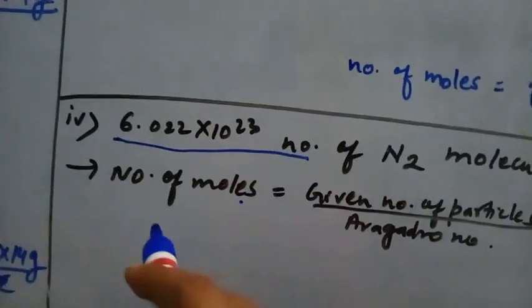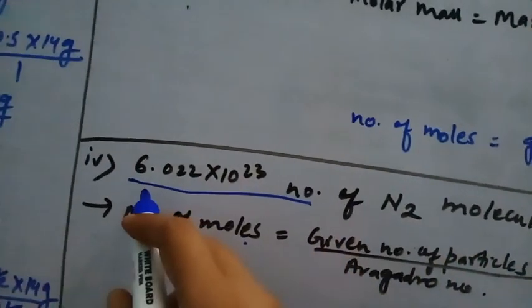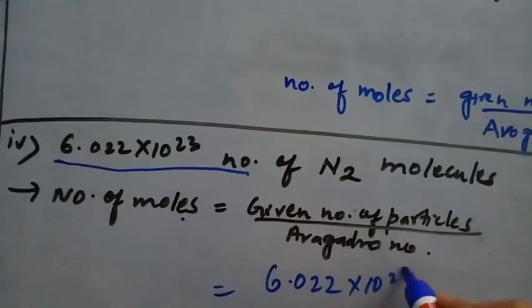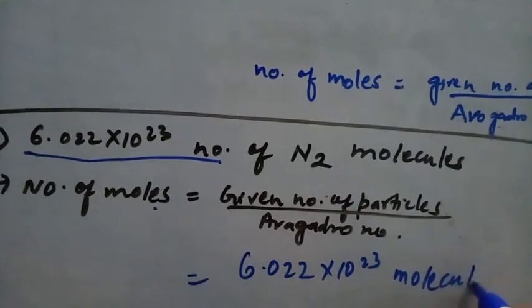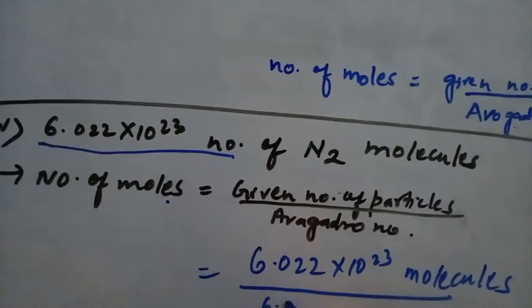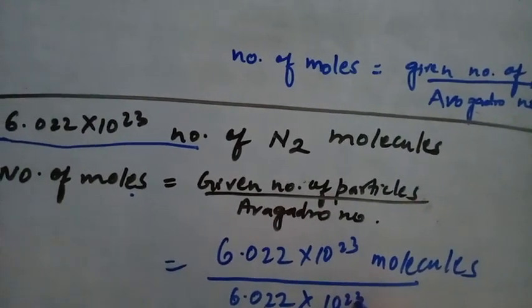So number of moles is equal to given number of particles, which is 6.022 into 10 to the power 23 molecules of nitrogen, divided by Avogadro number, which is 6.022 into 10 to the power 23.